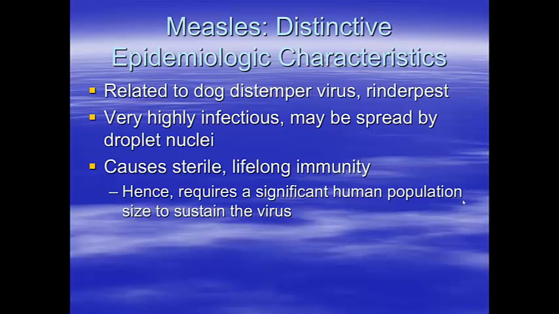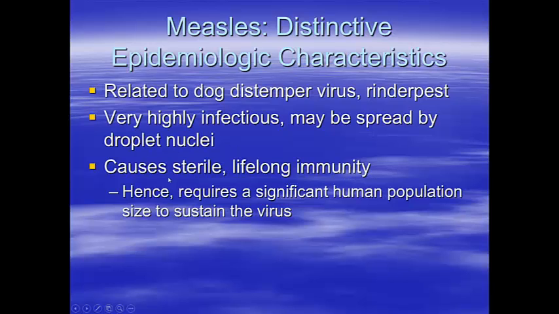So we're talking levels of 80% or higher. If you have less than that, there are enough susceptible individuals in the population that this highly infectious virus can still cause outbreaks. Nonetheless, the vaccine is highly effective and causes a sterile, lifelong immunity.